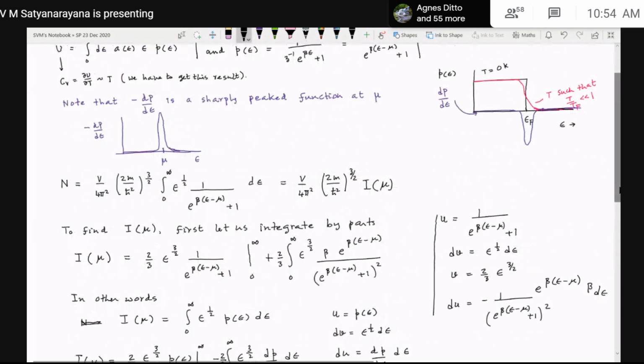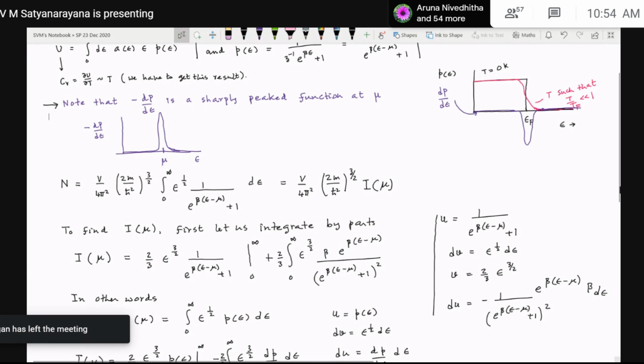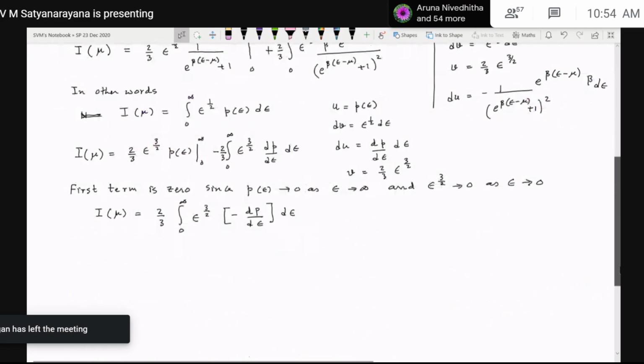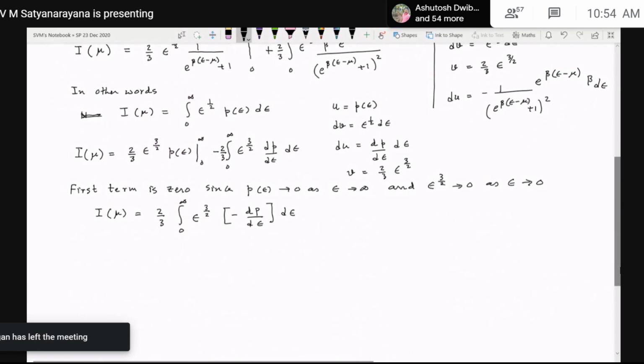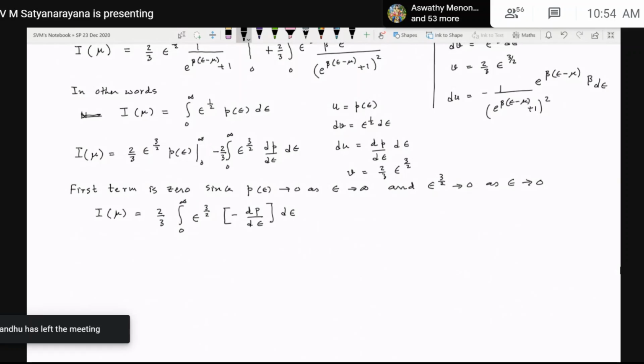So this is the plot of minus dP by d epsilon. It is a sharply peaked function. So I have written here that note that minus dP by d epsilon is a sharply peaked function at mu, and in our integral now we have that minus dP by d epsilon here. That means basically this integral is area under the curve.